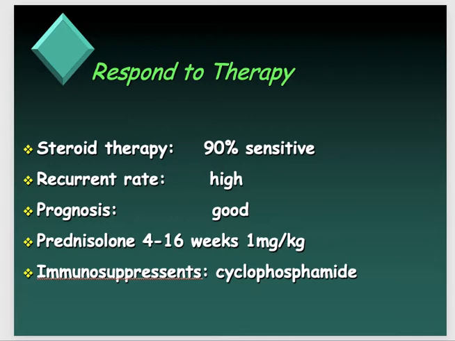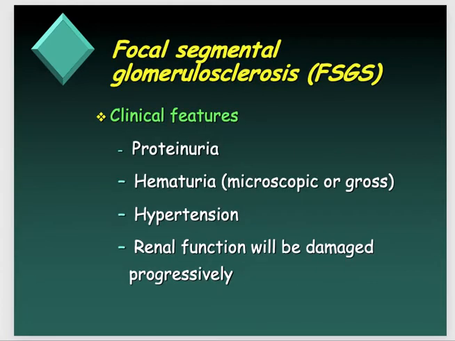Okay, one of the conditions which I want to show you is focal segmental glomerulosclerosis. Now, focal segmental glomerulosclerosis is the most common glomerulonephritis seen on renal biopsy.